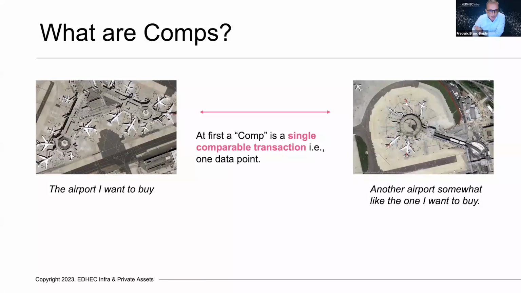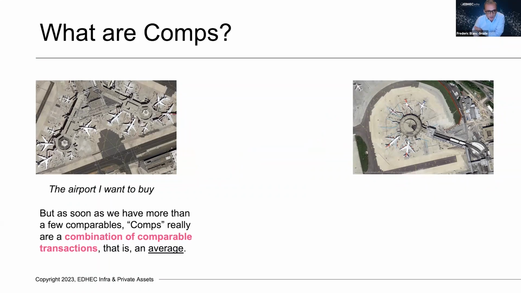Okay, so first, before even starting, I just wanted to highlight the notion of comps itself. What is it? If you think about it, a comp is just one asset, usually one single comparable transaction. So you're trying to buy an airport, say, and you look for another airport that looks roughly the same, and that's your comp. But of course, ideally, you get more than one. As soon as you get more than one, you're not really just comparing assets between themselves.